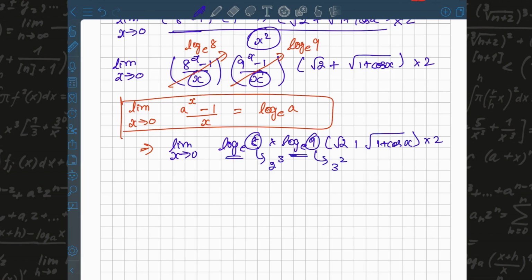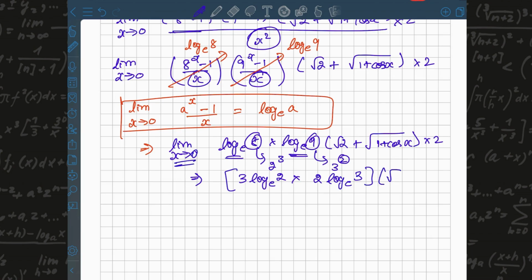So what we have to do is write that as 3 log base e 2 into, right? This is the format. Similarly, the power 2 should come as the coefficient, so 2 log base e 3, right? It will become like this, and apply the limit as well.